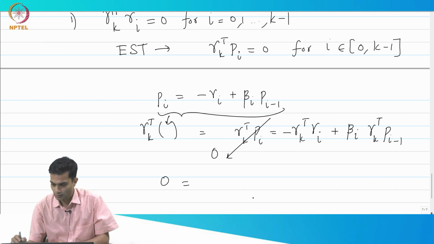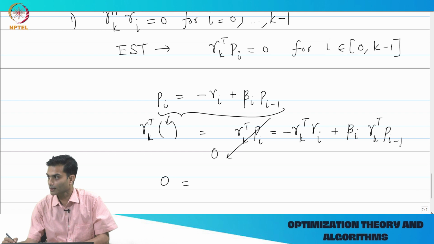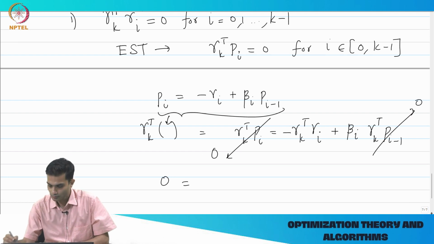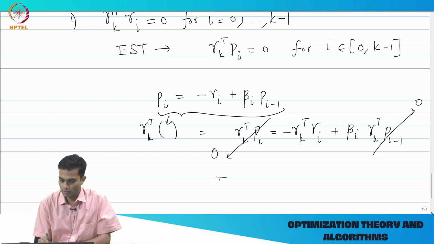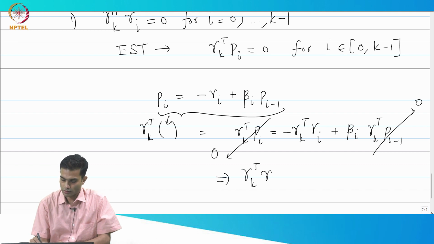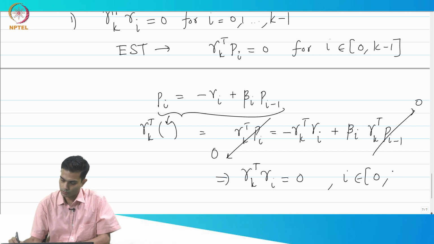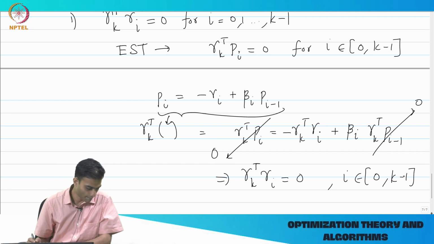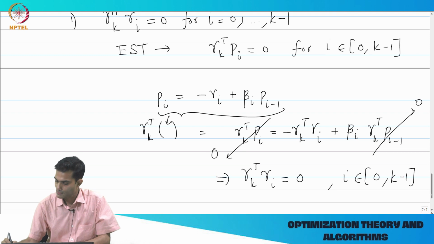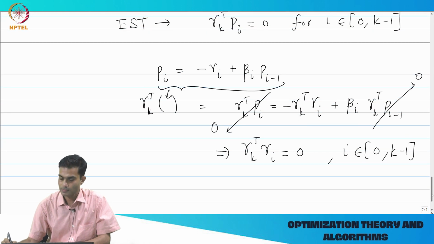What about the second term on the right hand side? Also 0 by the same theorem. So it implies that R_k transpose R_i is equal to 0, i belonging to 0 to k minus 1. Okay.